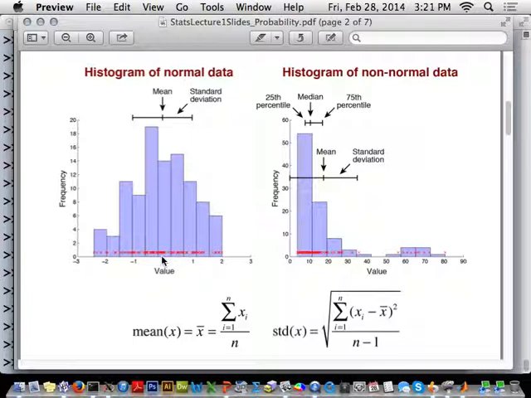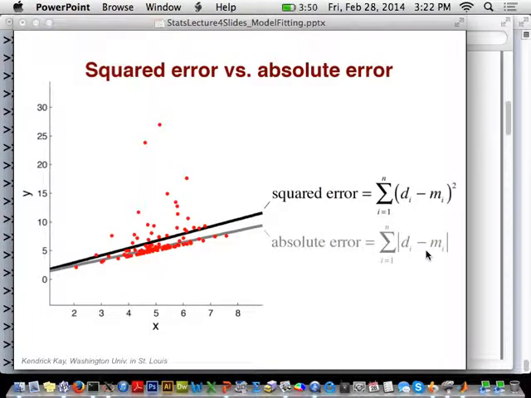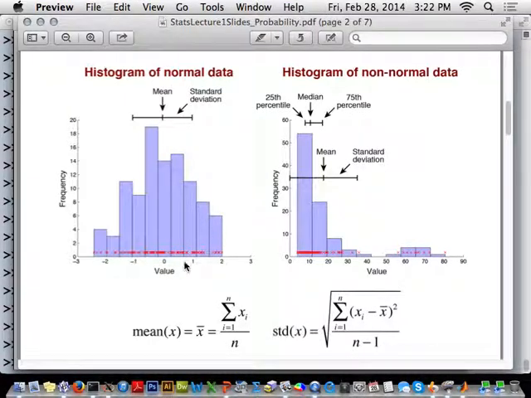So then let's think about this absolute error idea. What value, given these data points, minimizes the sum of all the distances? We're not squaring, just the sum of all the distances to all our data points. It turns out that value is the median. Again, not obvious why that would be the case.